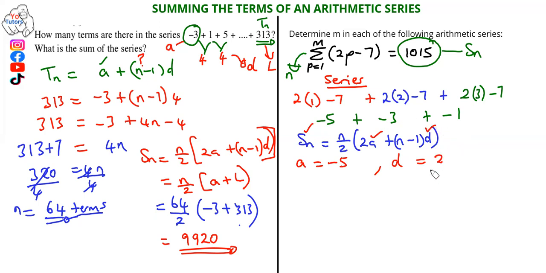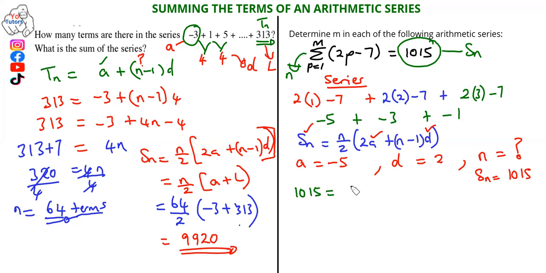So here our d is equal to 2. Now, what else can we also look for here? We know we want n in the formula. So we are now going to plug it in and say our Sn is equal to 1015. Let's now come and write everything here.